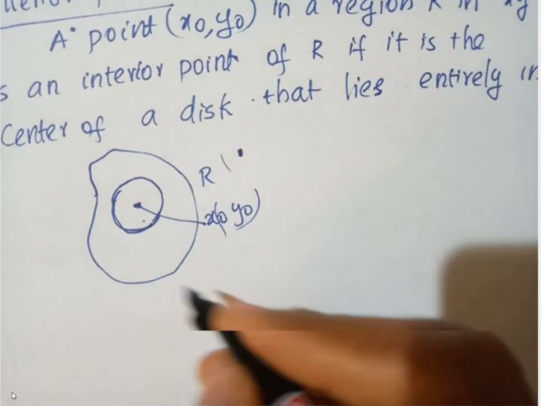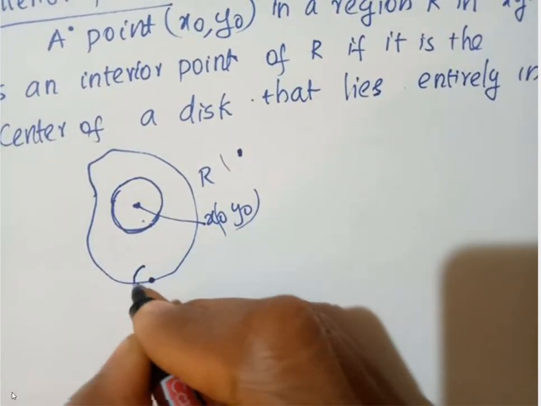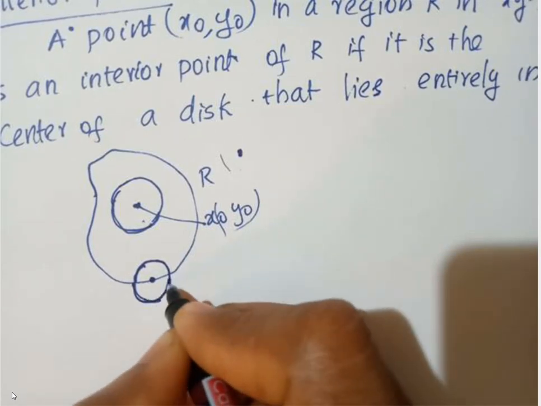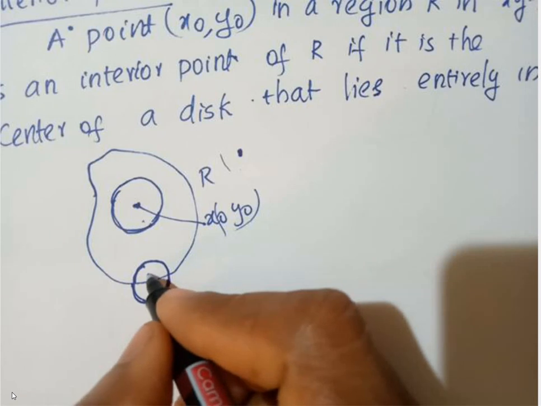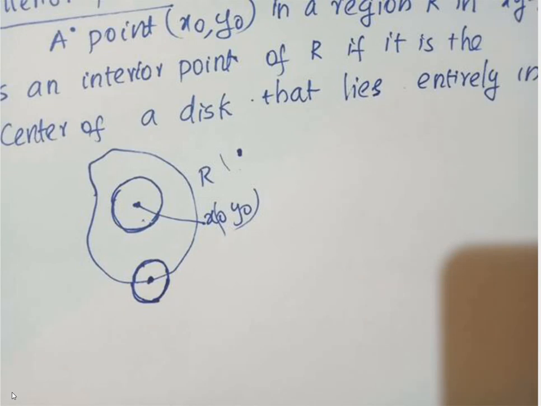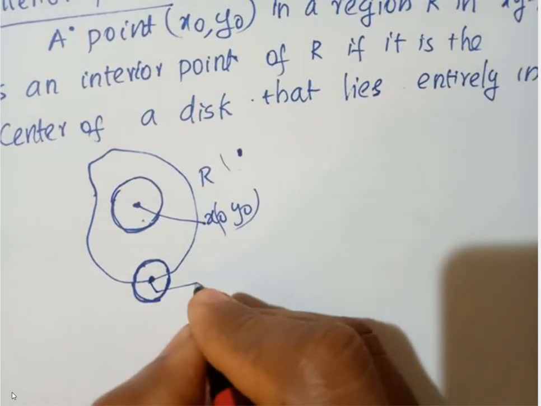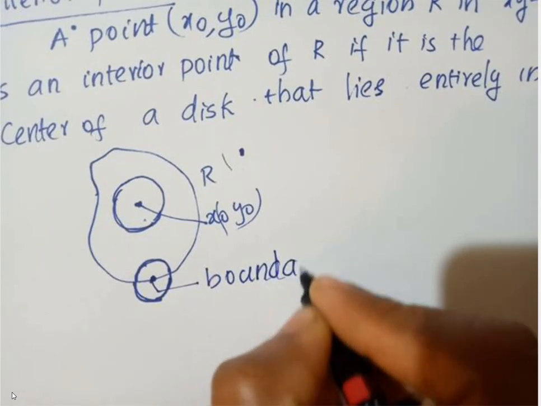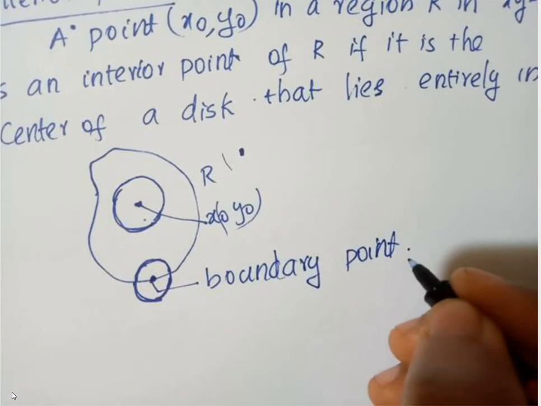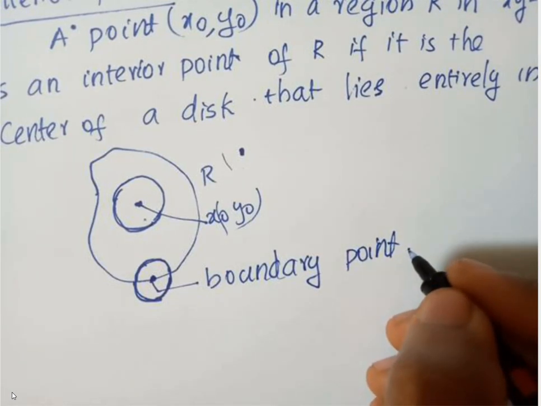This is the boundary. When you draw a disk centered at this point, some points of the disk lie inside the region and some lie outside the region. Then this point is known as a boundary point.